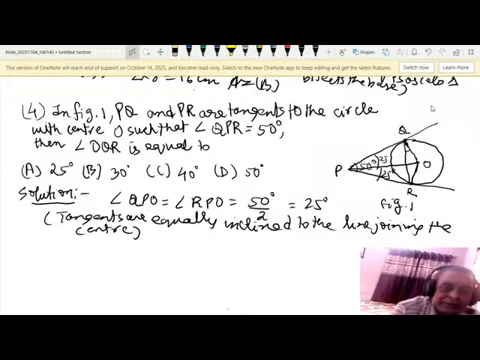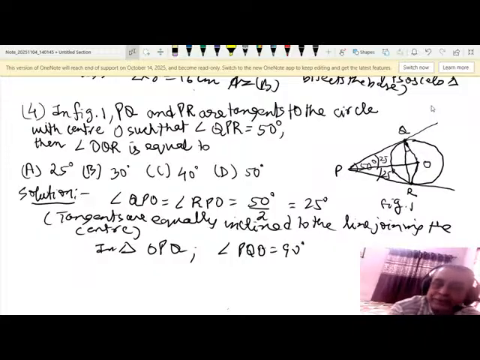Now, in the triangle OPQ, angle PQO is 90 degrees. Reason: PQO is this angle, and the radius is perpendicular to the tangent.